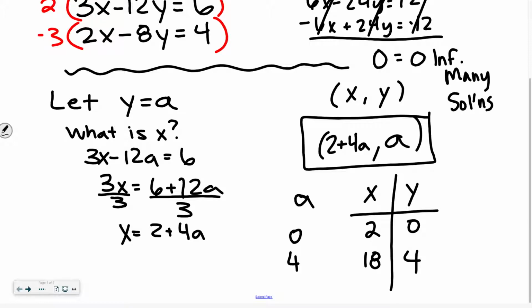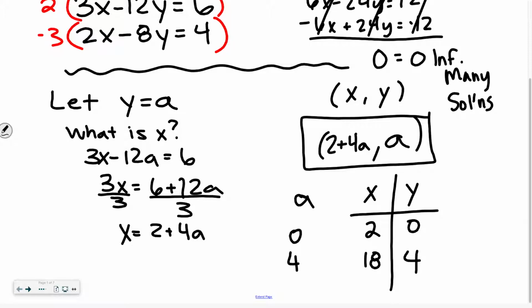Okay, so now if I take 18 and 4 and plug it into these equations, it should also work. So I'm going to put 3 times 18 minus 12 times 4. And 2 times 18 minus 8 times 4. Okay, well 3 times 18, that's 54.